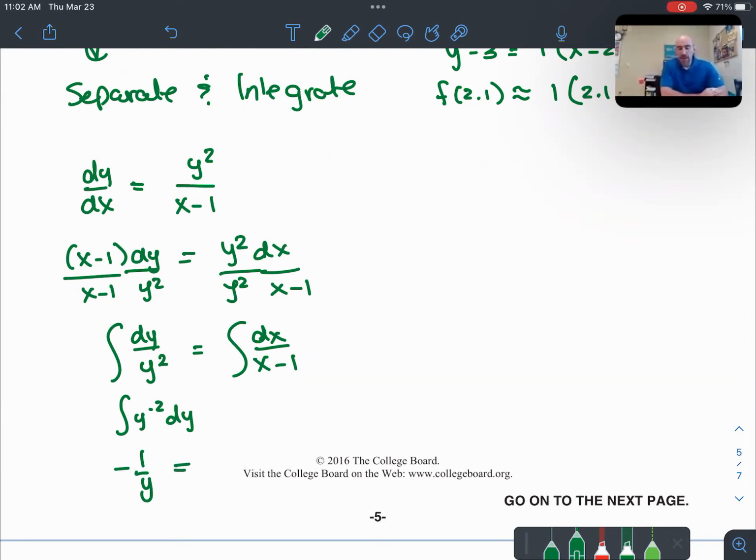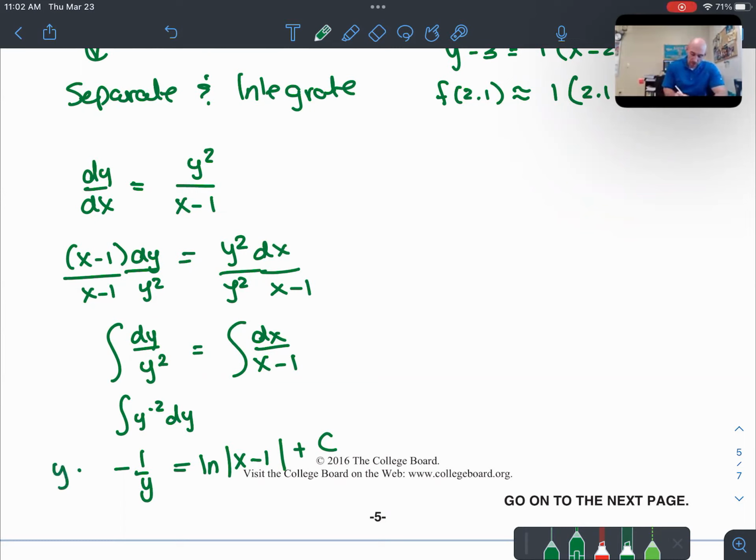And our dx over x minus 1 is going to be natural log absolute value of x minus 1 plus c. Don't forget that plus c. If you got the integrals, that's usually a point, and the plus c is usually a point as well. So now that I have this, I always like to actually go ahead and solve for y at this point. So in order to solve for y, pretty much I'm going to multiply by y and divide by everything else.